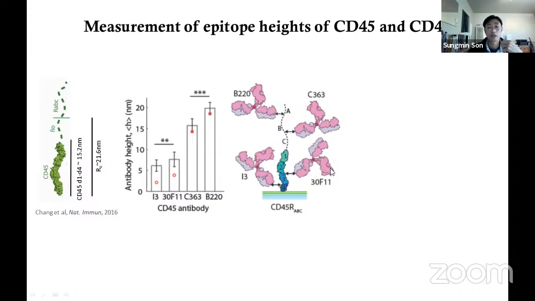So I have a rough idea of where these antibodies are binding, but I don't have knowledge of exactly where on the length of the protein it is binding. So I have 4 different antibodies, and I have 2 pan antibodies that are supposed to bind to the folded domains of CD45. I also have 2 different versions of antibodies that will bind to the mucin-like domains that are unstructured on top of these folded domains.